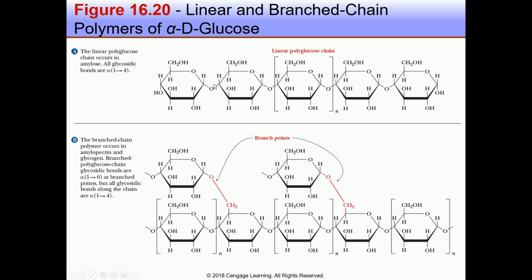You can see these are all linear glycosidic linkages, and there can be branching also. This is a chain of glucose molecules connected to each other by glycosidic linkages. They're all linear bonds. There can also be a linkage like this, and these are called branches. This glucose is connected to this glucose, connected to this glucose. So these are branch points.